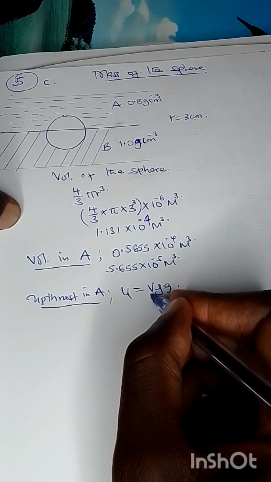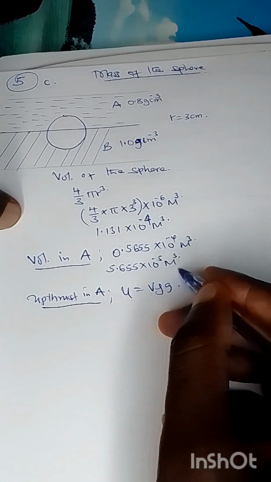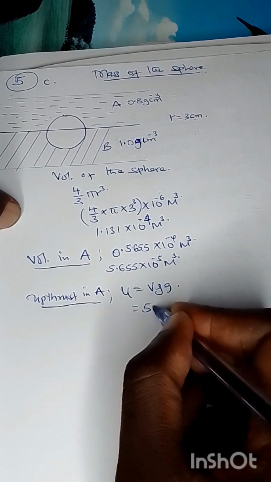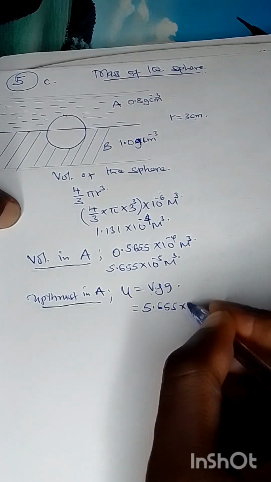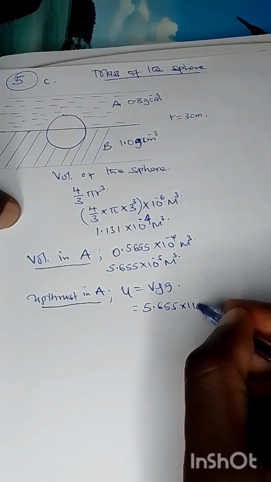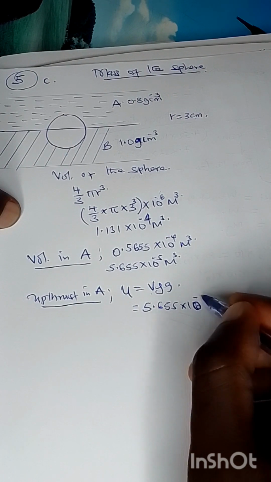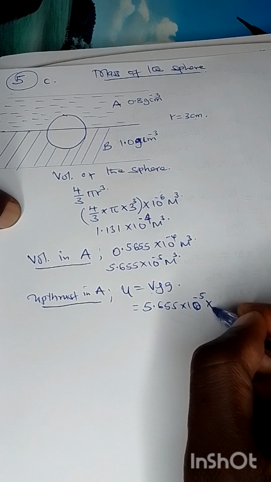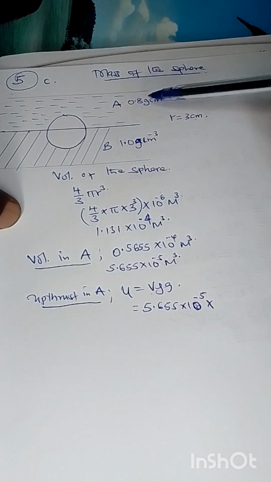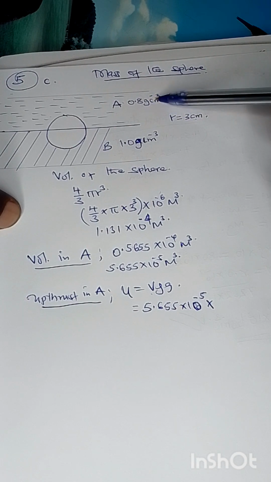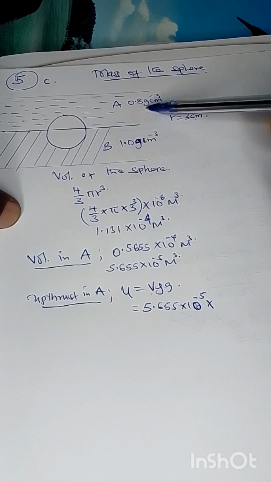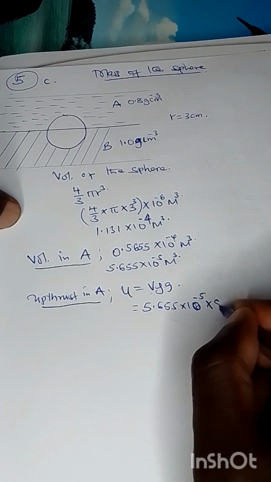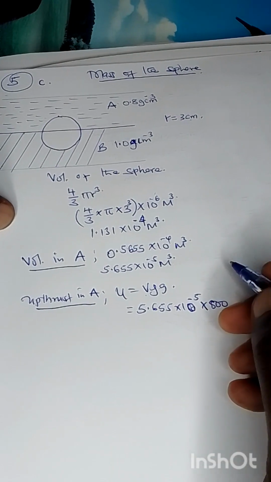So the volume of liquid A displaced is this, which we've calculated above, which is 5.655 times 10 power negative 5, and then just multiply it by the density of liquid A. The density of liquid A is not in the right unit, so we multiply it by 1000 to convert it into SI unit, so it becomes 800, and then multiply it by 10.